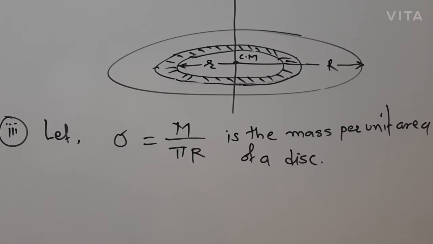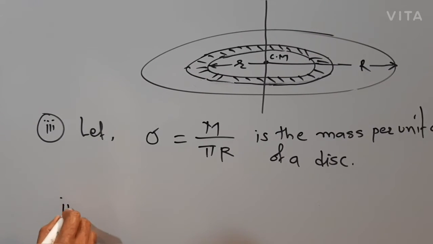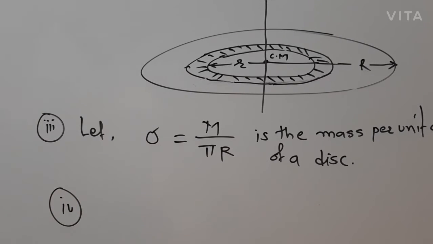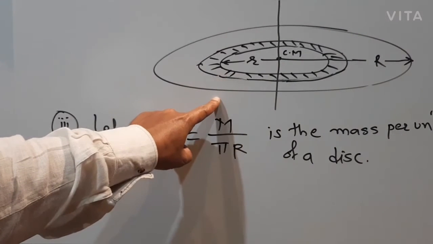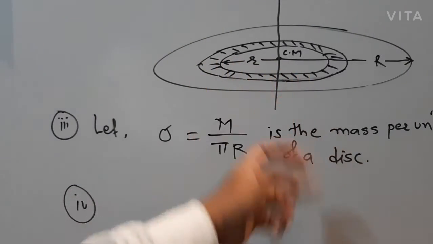Now our main point, the fourth point. Suppose that a disk is made by concentric rings.